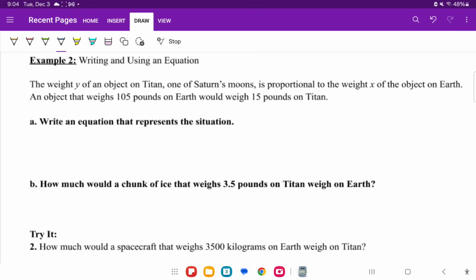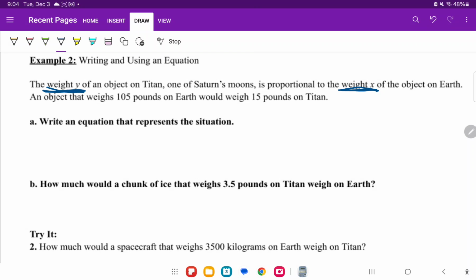Write an equation that represents the situation. So what we're going to do is define these. The weight y of an object on Titan is proportional to the weight x on the object on Earth.